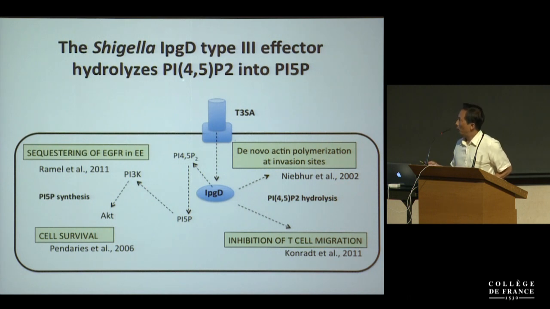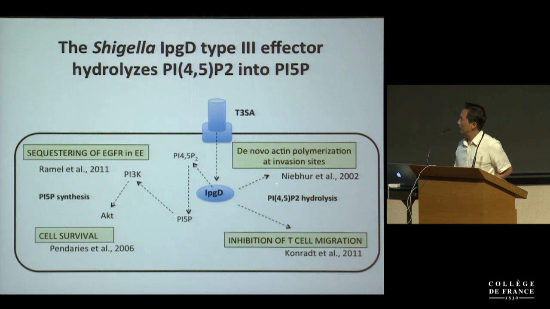IpgD is a PI(4,5)P2 phosphatase, so it hydrolyzes PIP2 into PI5P, and it has been shown that this has 2 kinds of roles. One set of roles is linked to PI5P production, for example, the activation of the AKT PI3 kinase pathways, or the sequestering of EGF receptor in early endosomes.